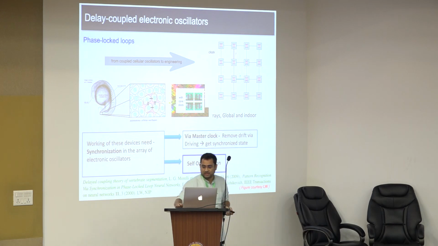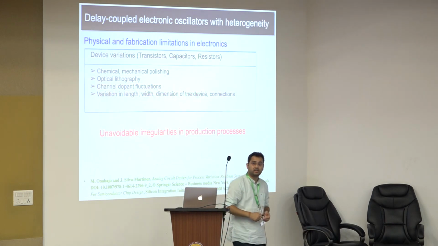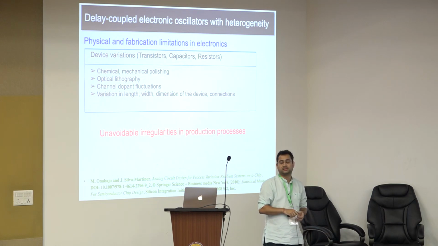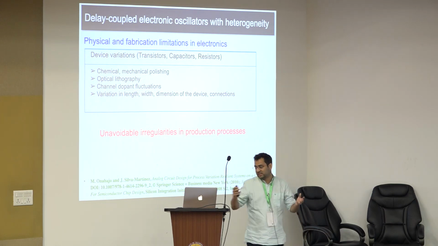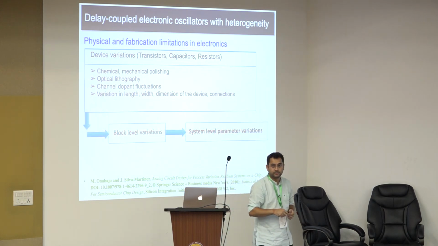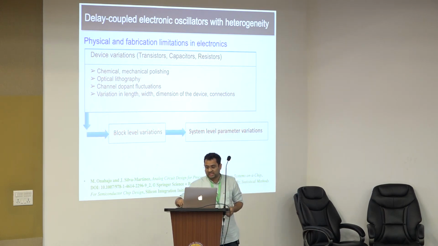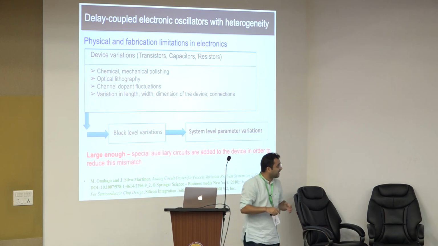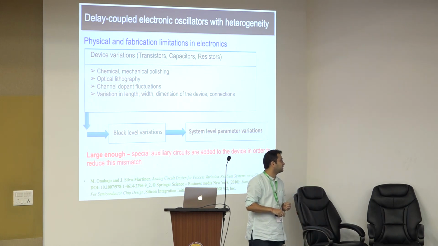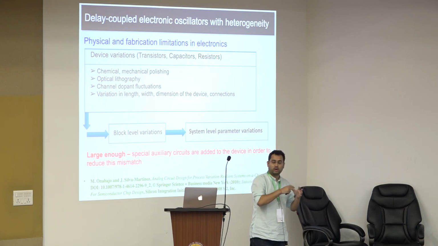Similar things happen in electronic oscillators as well, because we have unavoidable irregularities in the production processes, which lead to system level variation in these oscillators. These variations are not negligible; they are large enough. In fact, in many cases special auxiliary circuits are added to the device in order to mitigate the effects of this mismatch or heterogeneity.